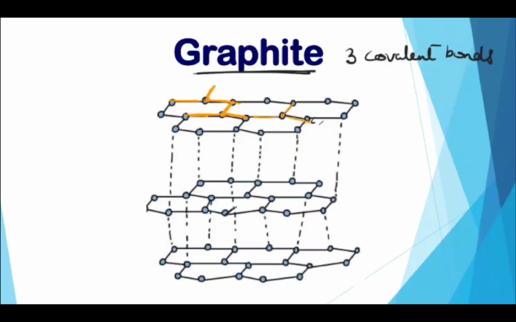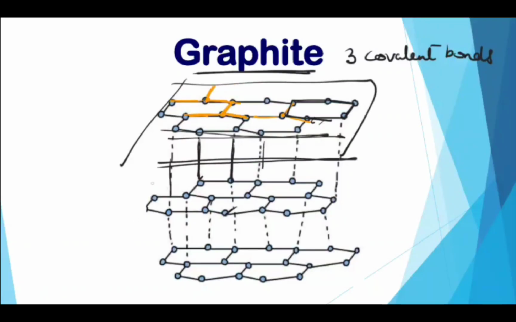Now, children, the carbon bonds between the carbon atoms in the layers are strong. In the layers they are strong, but the bonds between the layers apparently are weak. So these are strong. These are strong. But just because they form these layers, this part gets scraped off easily.